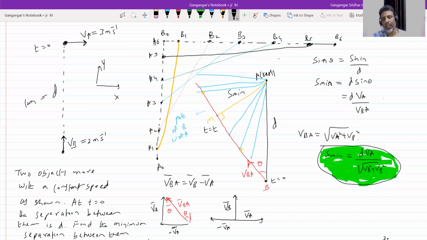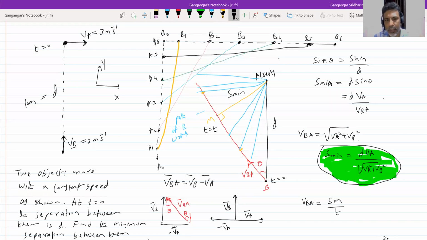For that, what is VBA? Is it a constant or variable? VBA will be constant, no? VA and VB are constant, so VBA is constant. So what type of motion will VBA describe along BM? Uniform velocity motion. So what is the formula for that? VBA is equal to SM by T. This T has to be determined.